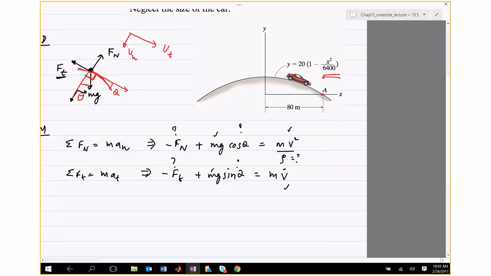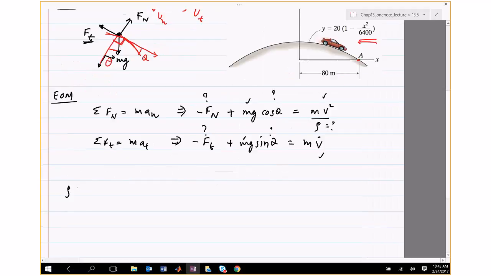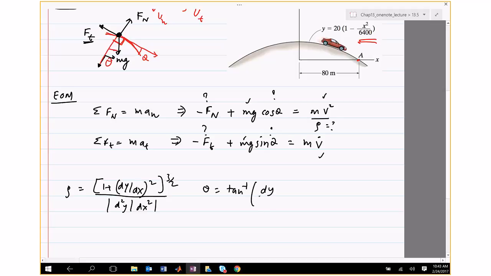So rho is 1 plus dy/dx squared, the whole thing to the power 3/2, divided by the modulus of d squared y/dx squared, and theta is, as I wrote down earlier, simply tan inverse of dy/dx.